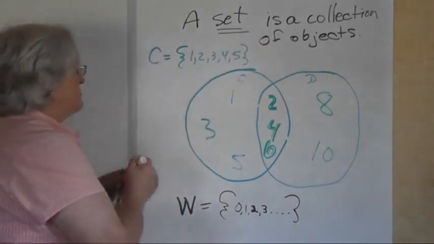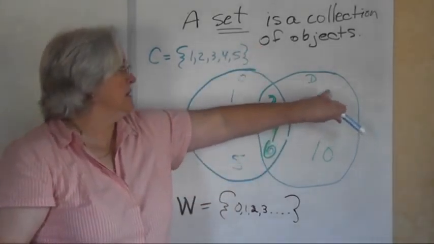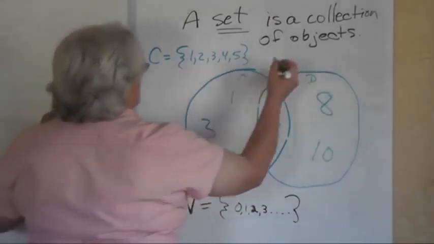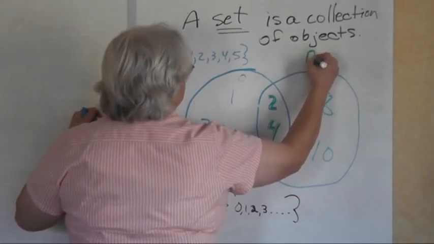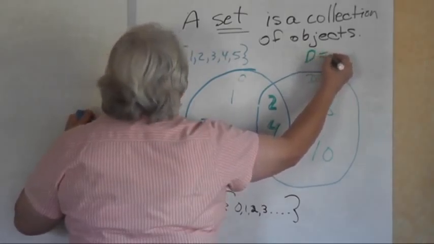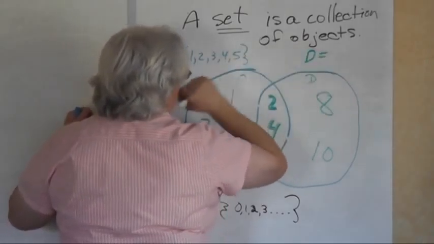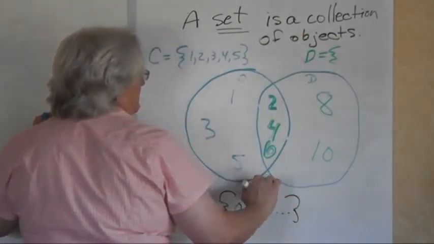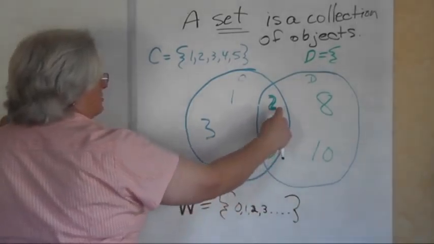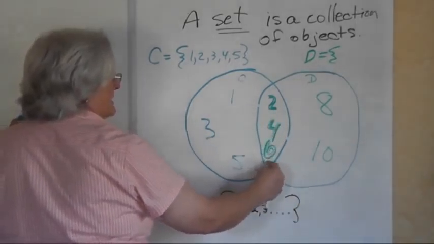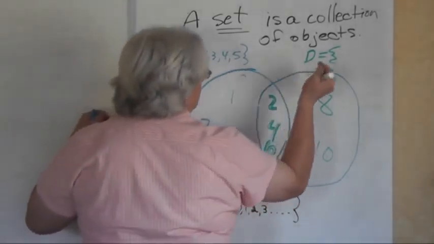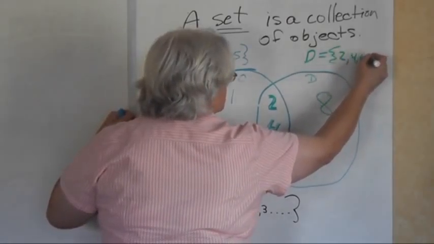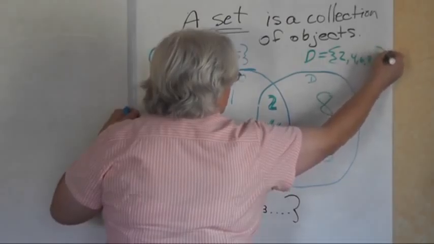And then we also have set D over here, and D is the set that contains, I'm still fighting that laryngitis I had, I'm sorry. D is the set that contains the elements 2, 4, 6, 8, and 10. So we have 2, 4, 6, 8, and 10.